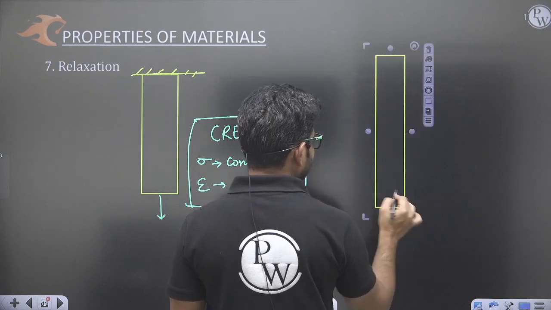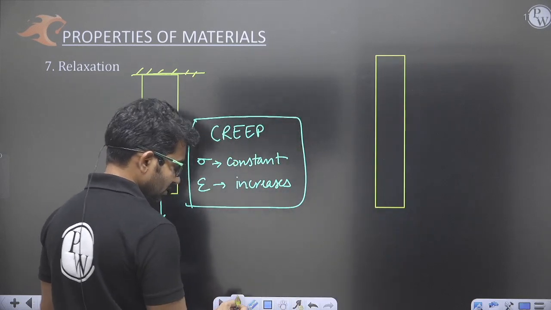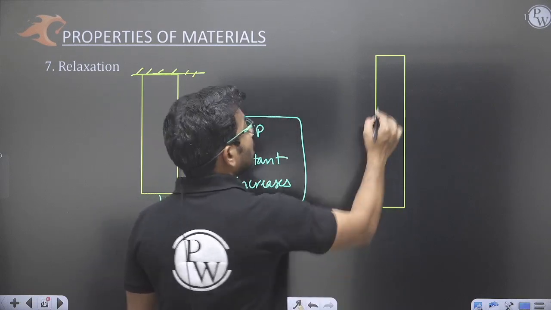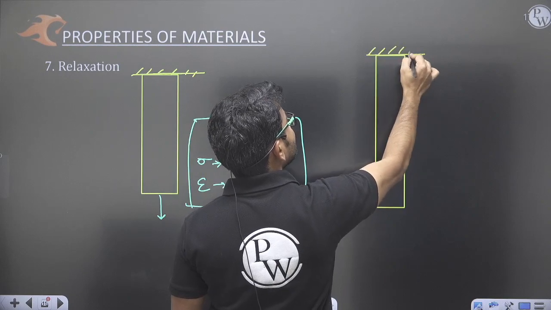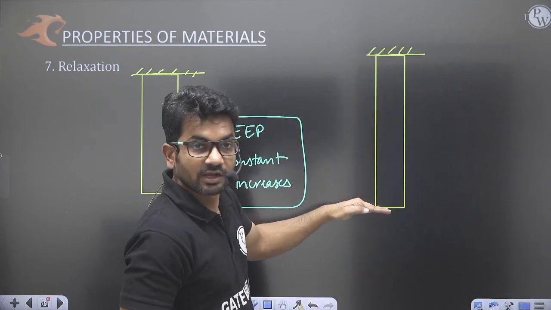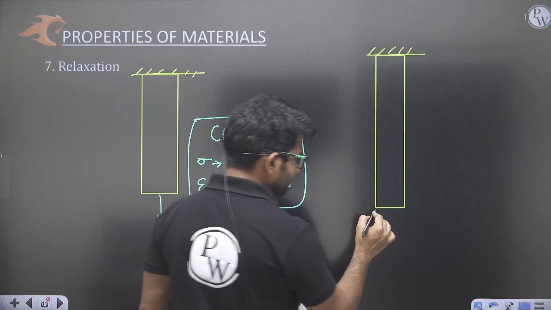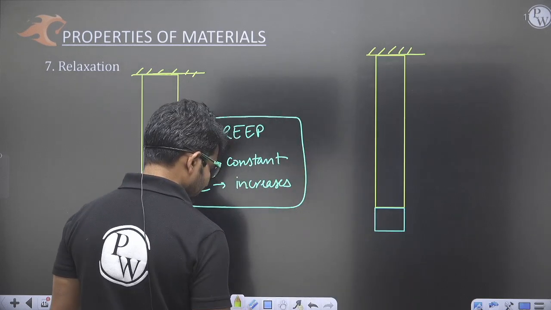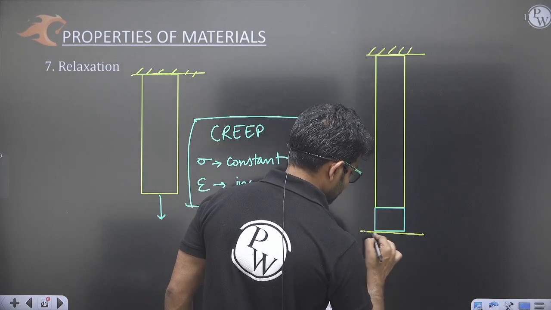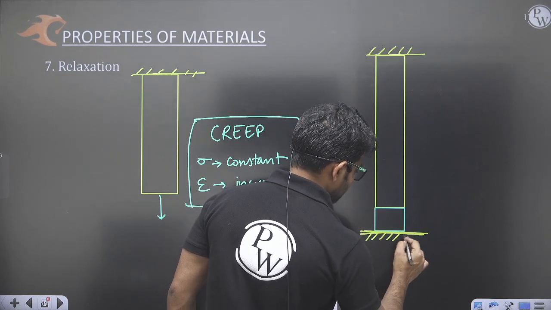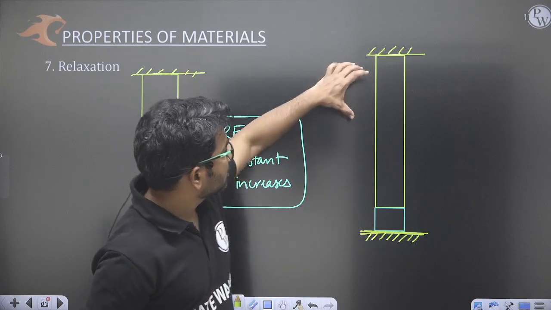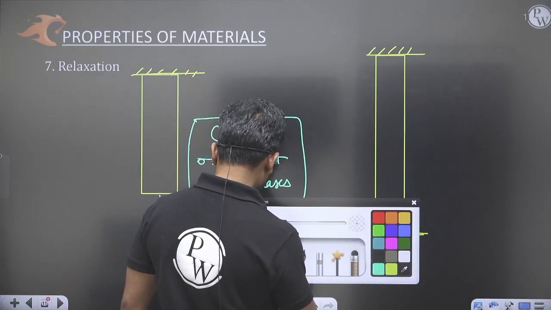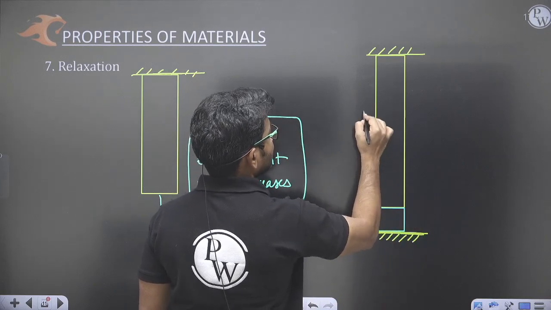Here I have a bar. Earlier the bar length is this much. I will provide some strain by increasing its length, and then I will fix this bar to another support.